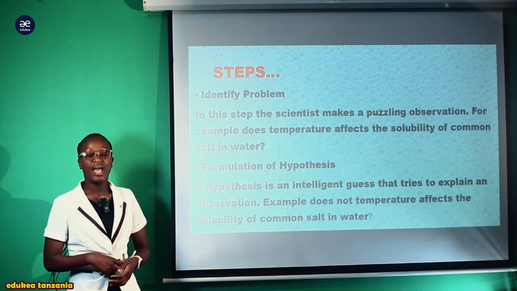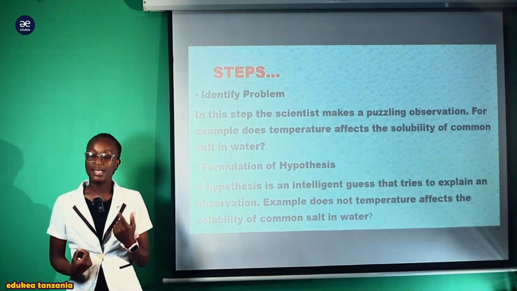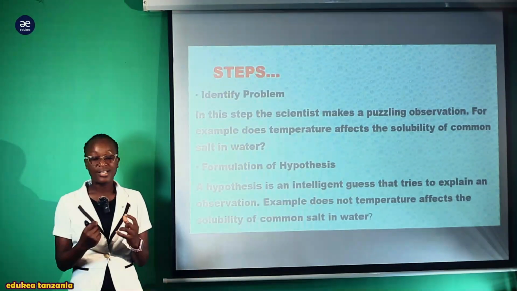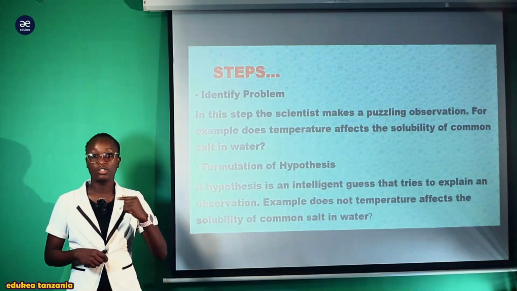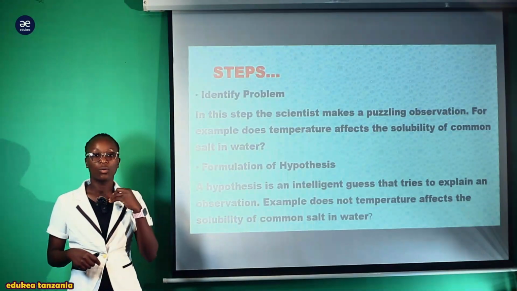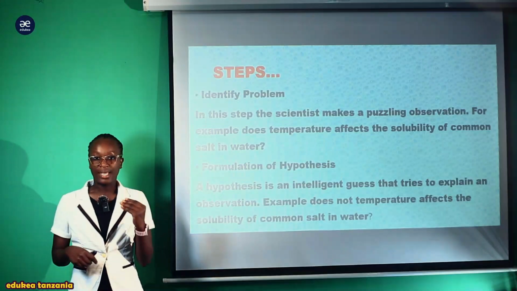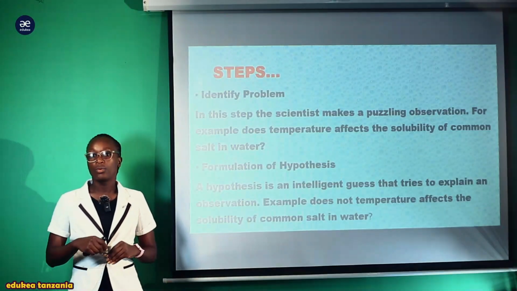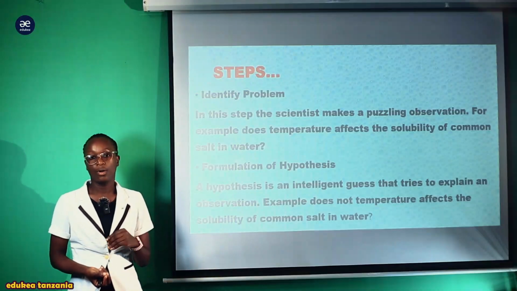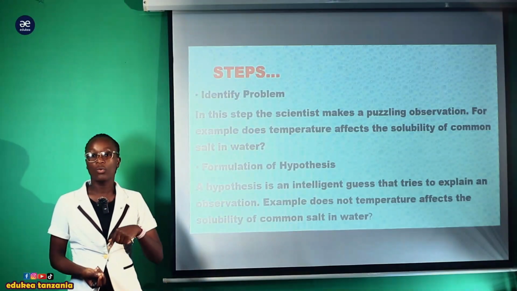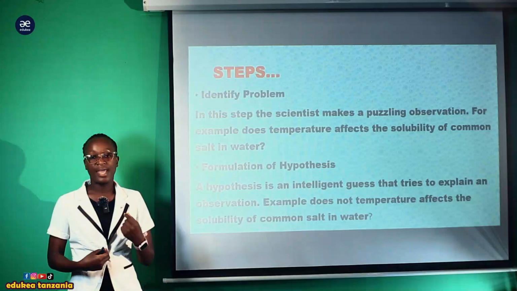Yani hapa ni kwamba mwanasayansi anaenda kufanya puzzling observation, anaenda kufanya observation ya jambo fulani au ya kitu fulani, ili kuweza kugundua sasa kwamba hili ndilo tatizo au kitu hiki kinatokea kwa sababu ya hiki. Kwa hiyo hapa mwanasayansi au yule ambaye anafanya uchunguzi anaenda ku-identify tatizo.